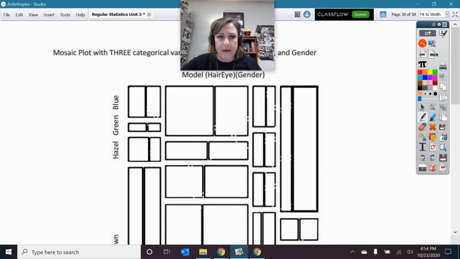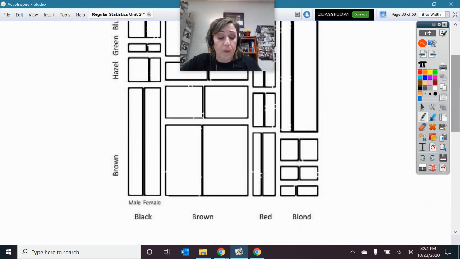Now, this is an interesting mosaic plot. It takes the same information, but it separates it by gender. So we have 3 categorical variables here: hair color, eye color, and gender. Each one of the bars was split according to the proportion that were male on the left, female on the right.